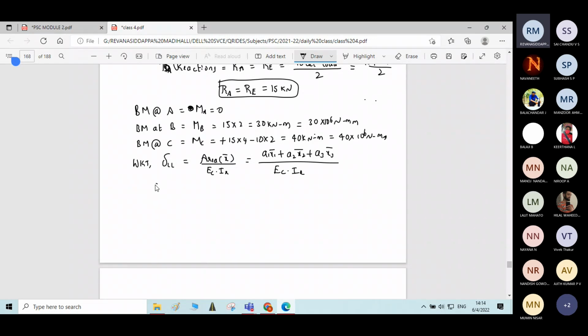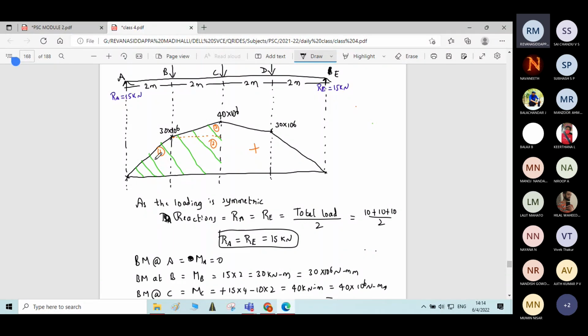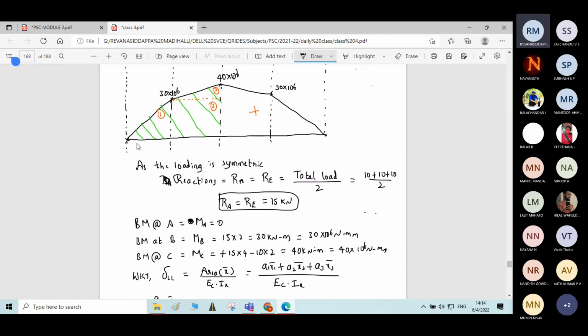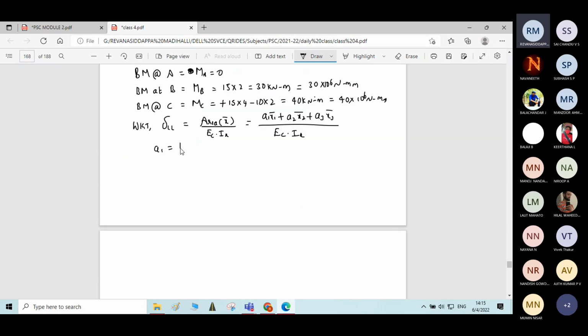First, A1, area of component 1, means area of triangle 1. Here the distance is 2000. So area of this triangle is half into base into height, half into 2000 into 30 into 10 power 6.